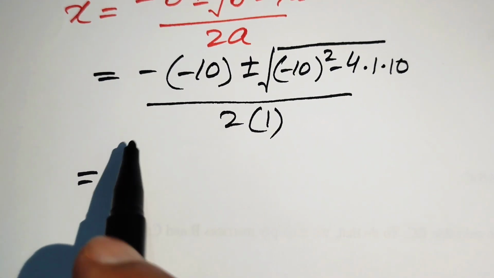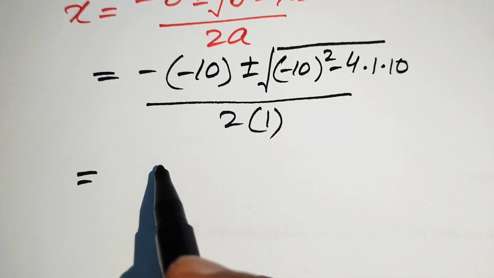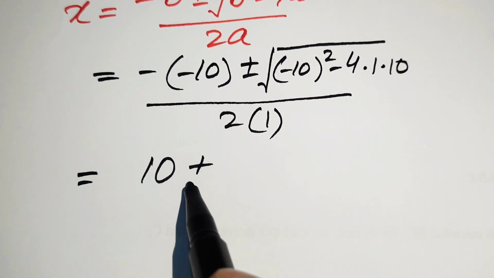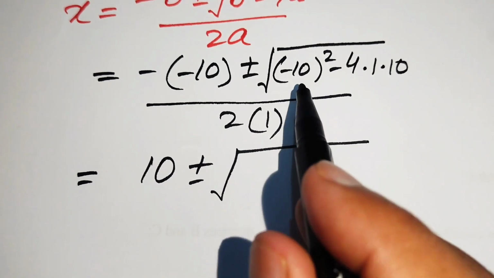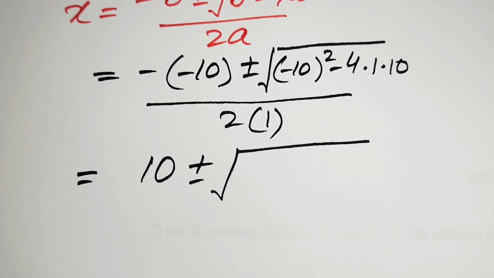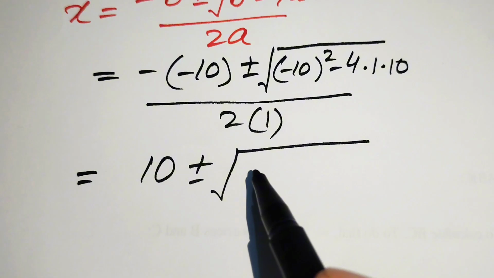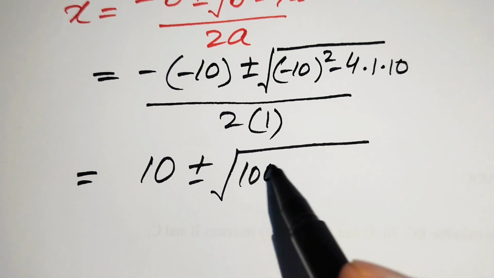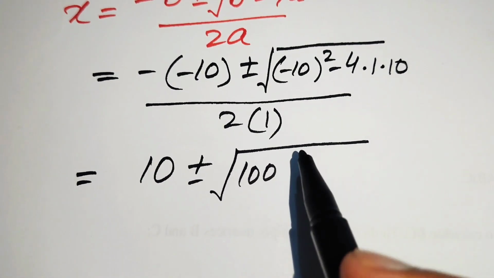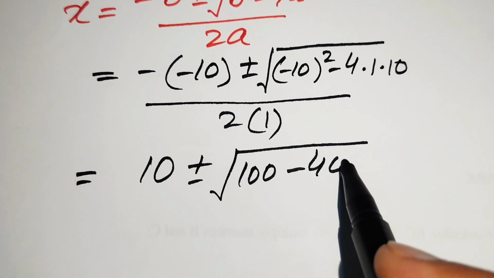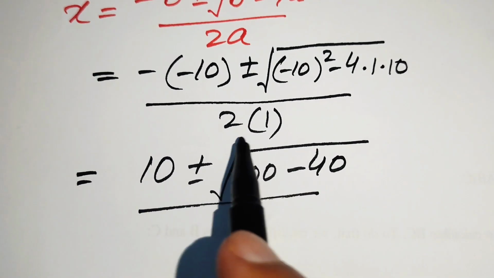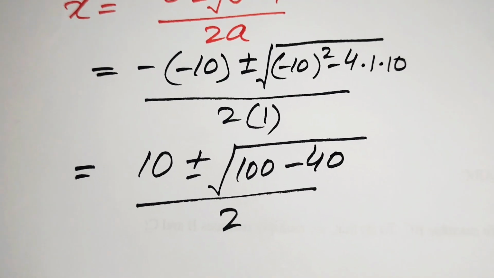Here we need a little bit of simplification, and minus times minus becomes plus 10 plus minus square root of minus 10 square, and we know that the square of minus 10 becomes 100, and 4 times 10 becomes 40, and this whole is divided by 2 times 1, which becomes 2.